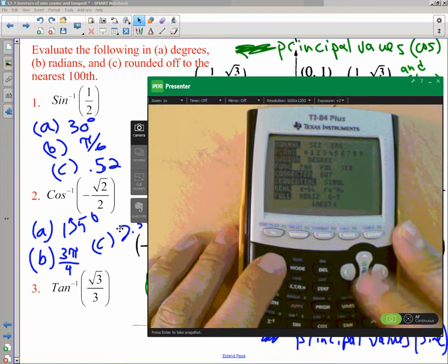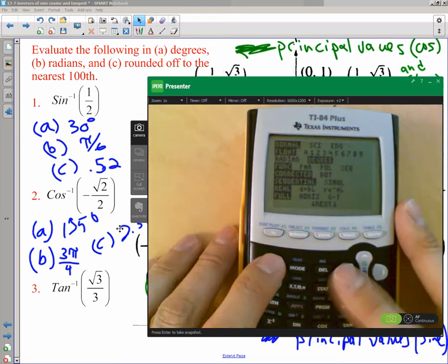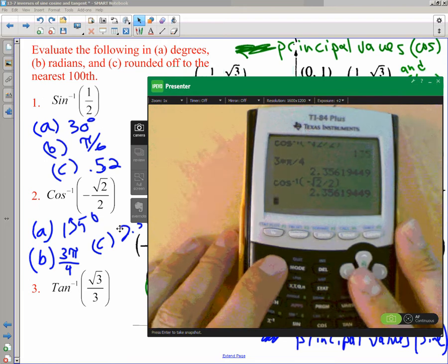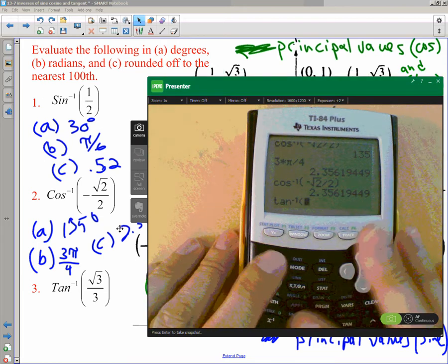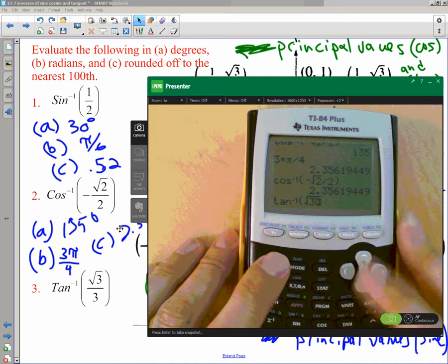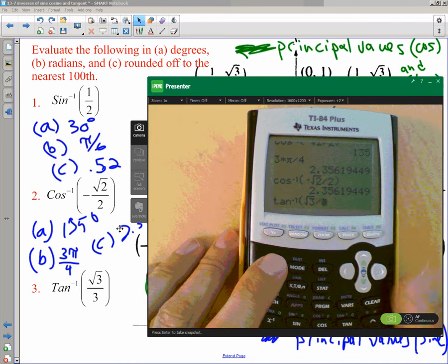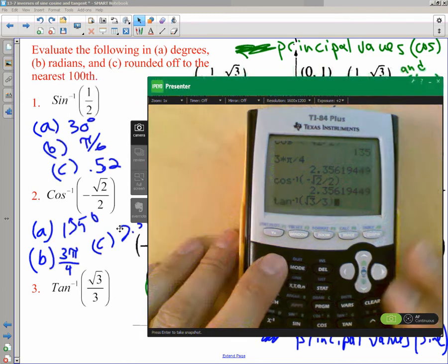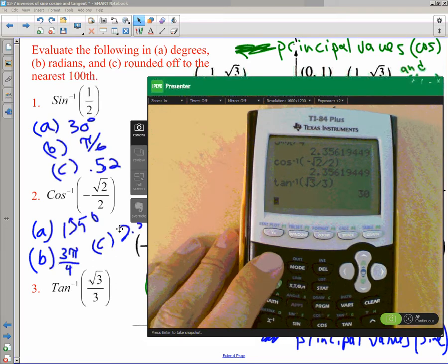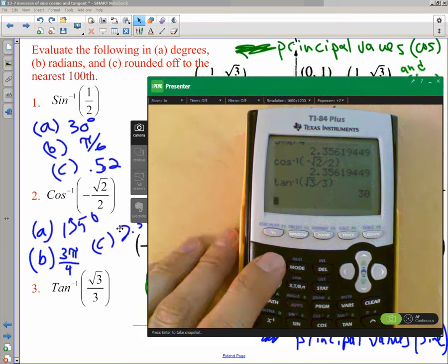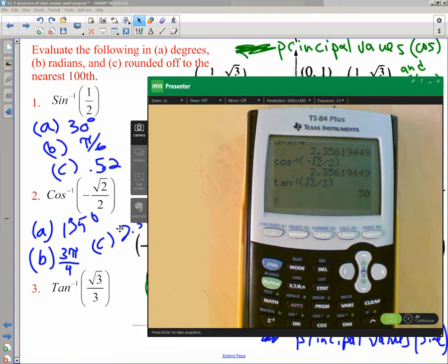Do inverse tangent of square root of 3 divided by 3. By tomorrow, we'll probably need calculator help. 30 degrees. So that's when it's 30 here. It's 30 degrees. Root 3 over 3. Actually, this is kind of a dumb coincidence, but it looks like it's going to be the same answer. So tangent is 30 degrees.